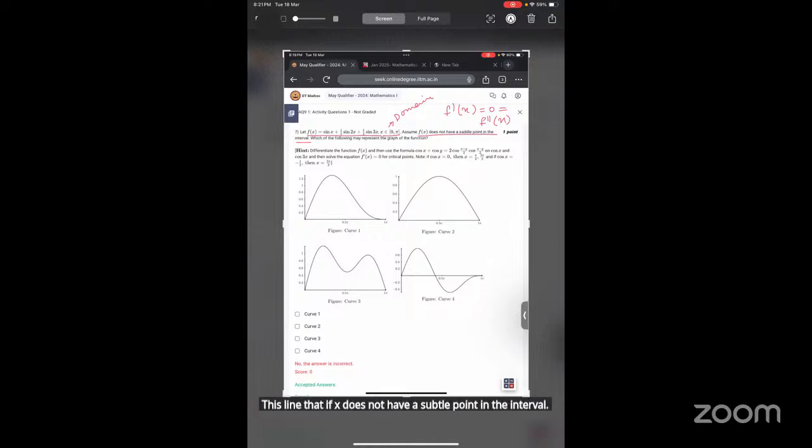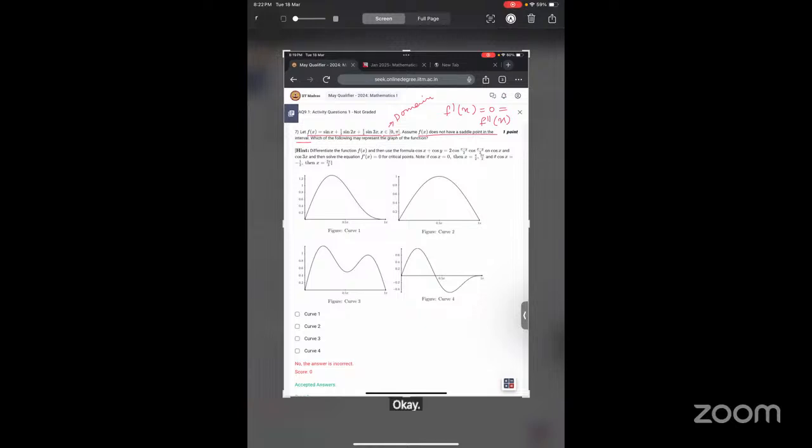Saddle point. So, if f does not have a saddle point in the interval, that means we cannot find any x in the interval for which f double dash x is 0, right? Okay.